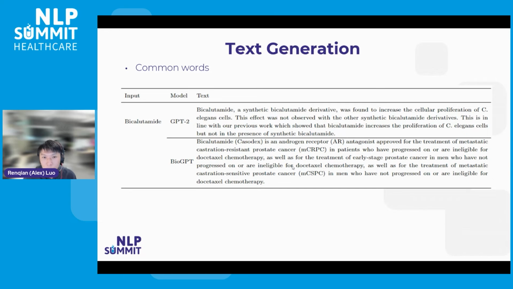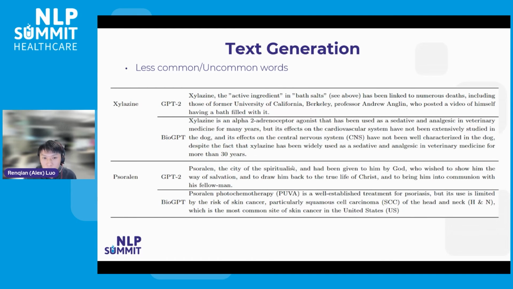When we input some common words, both models can generate well on the words. But if we input some less common or uncommon words in the biomedical domain, the two models become different. For BioGPT, it still generates well on these two items, describing what they are and what the usage of those two items is.